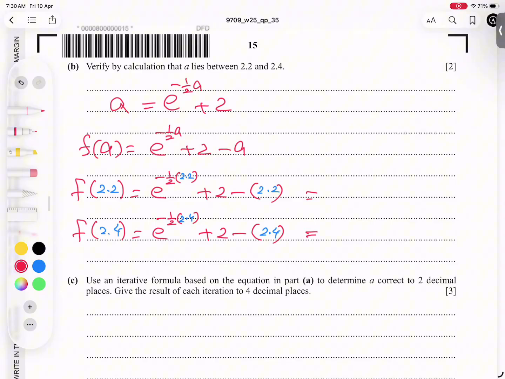So first of all, negative 1 over 2 into 2.2, exponential to power, plus 2 and minus 2.2. My first answer turned out positive 0.133. Same way, students, I'm going to check the second one.